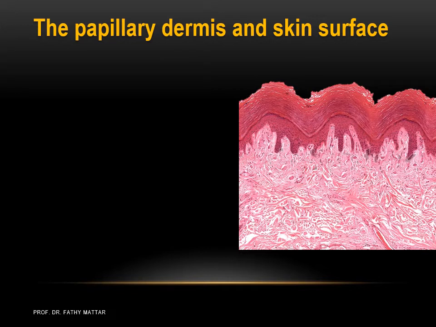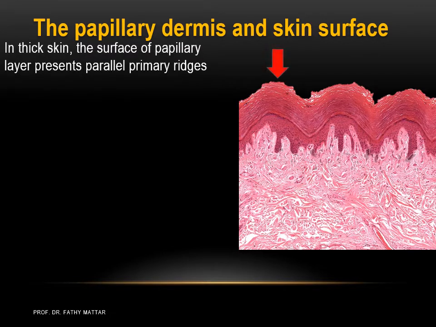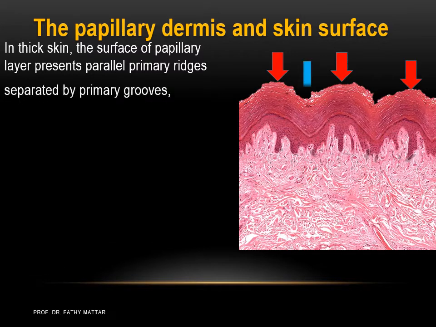In thick skin, especially fingertips, we'll find that the epidermis forms thick parallel primary ridges which are raised above the surface of the skin and separated by primary grooves in between the ridges.